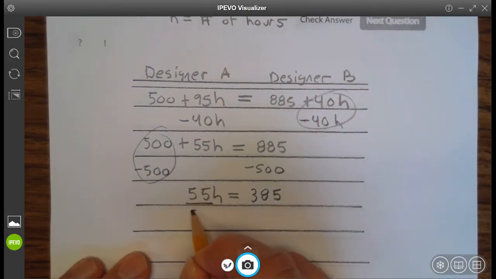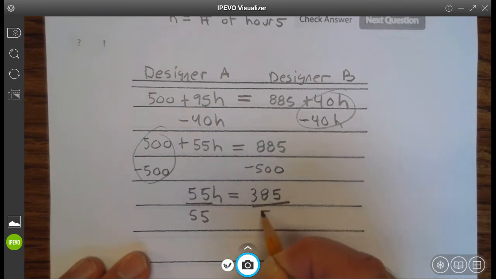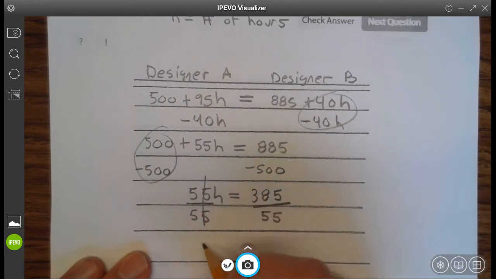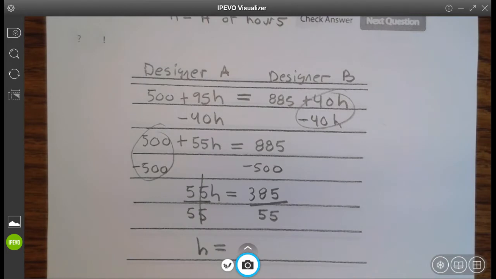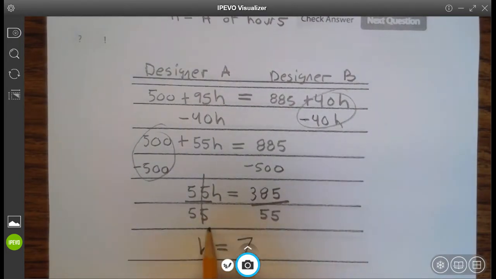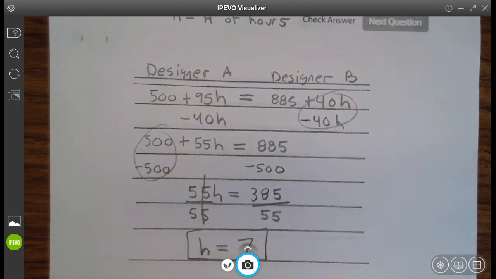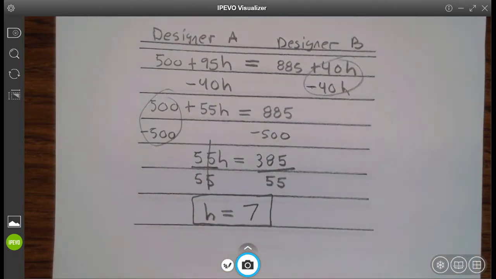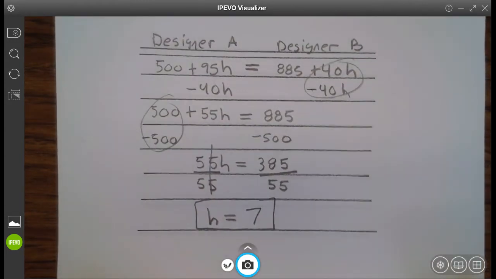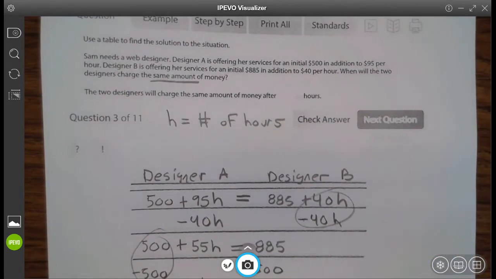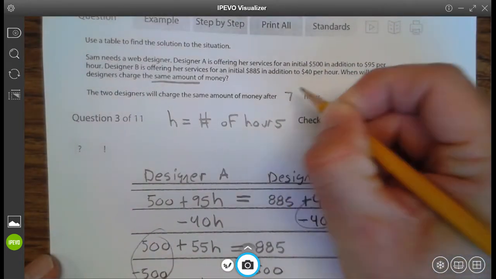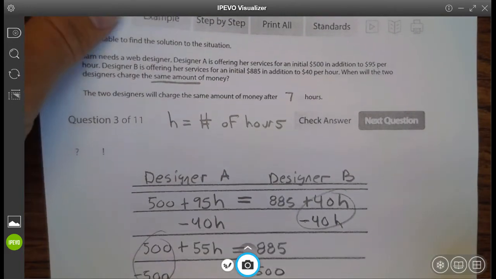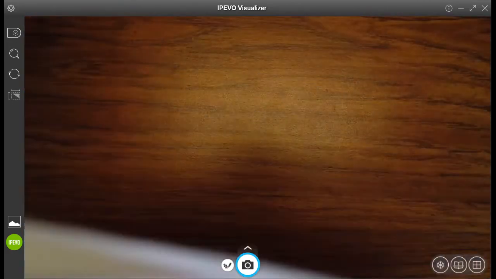Divide both sides by 55. That becomes 1. H equals 7. All right. The two designers will charge the same amount of money after 7 hours. Let's take a look at the next example.